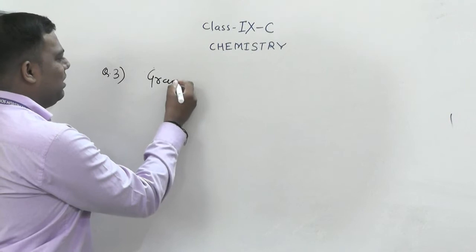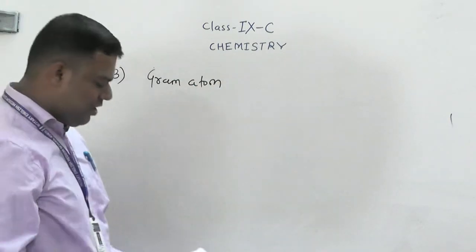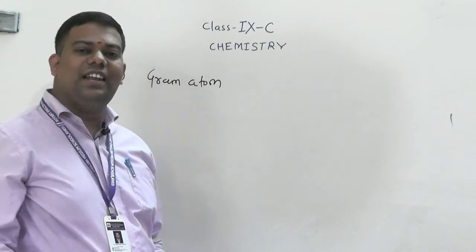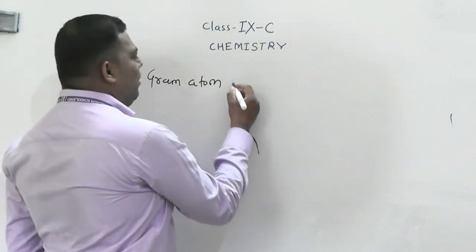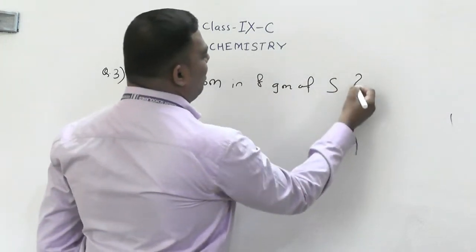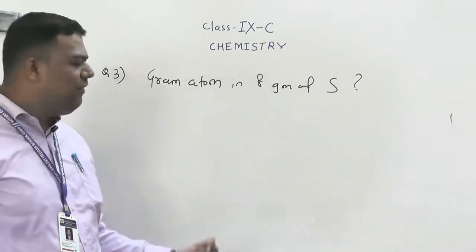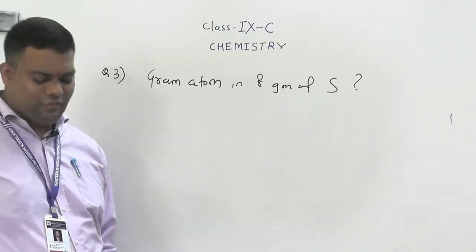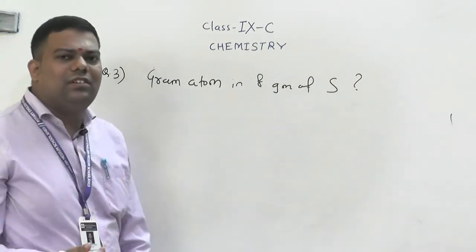Keep in mind, you concentrate on this term, gram atoms. How many gram atoms are there in 8 gram of sulfur? Very much easy, we can find it easily. So see how we can find it out.